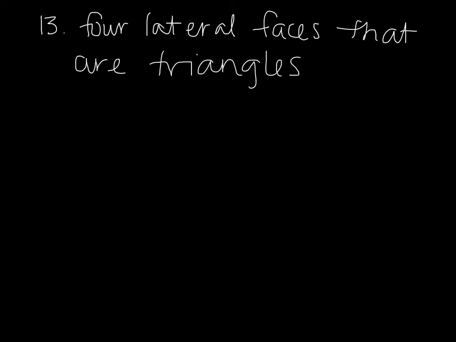Okay, this is going to be tricky. So I know it has to have 4 triangles on it. So I'm thinking to myself, what shape has 4 sides? Okay, so if I have my 4 sides here, I'd make a square because a square has 4 sides. Then I know it has 4 shapes, so it's got to be a pyramid.